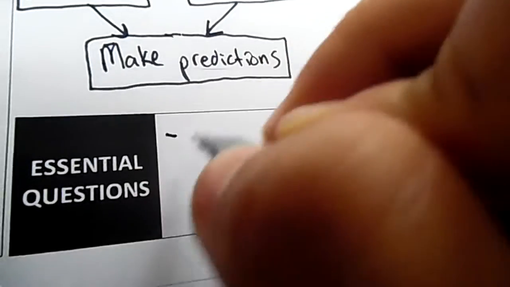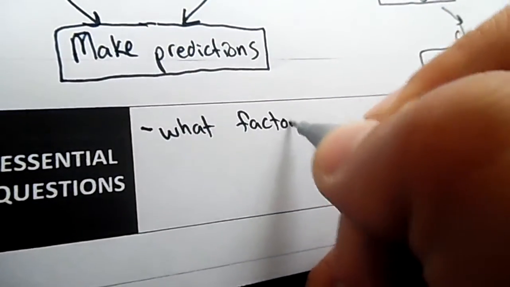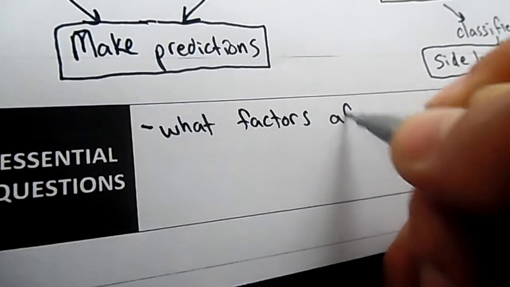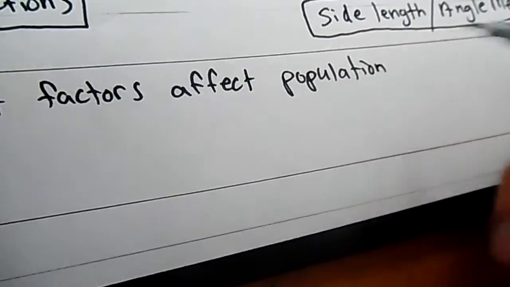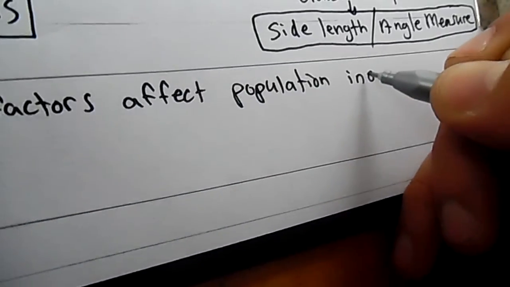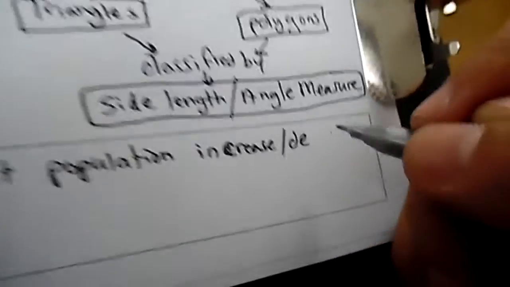Good. Now we have some essential questions. These are not the only ones we're going to look at, but there are some big ones to guide our discussion. So, what factors affect population increase or decrease?